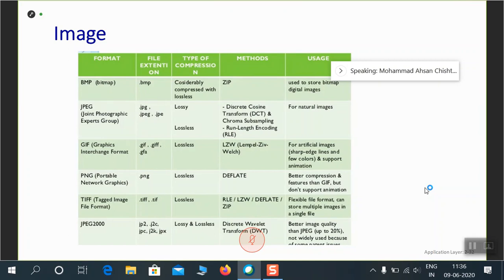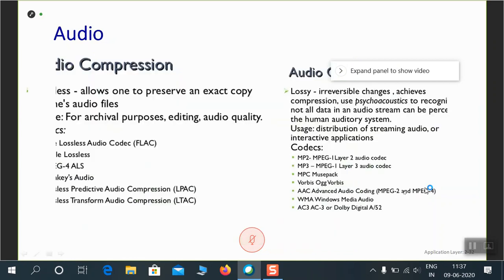What type of compression is it? Is it lossy or lossless compression? What are the methods that have been used and what is the usage for it? Like for artificial images and support for animation. These are different image formats popularly used: BMP, JPEG, GIF, PNG, TIFF, and JPEG 2000. Then we have audio compression mechanisms.